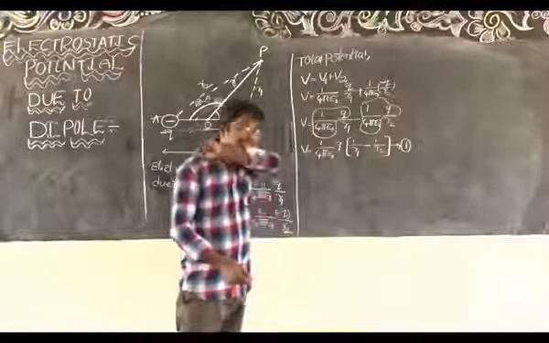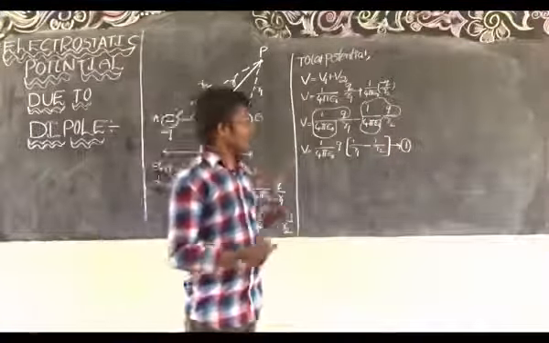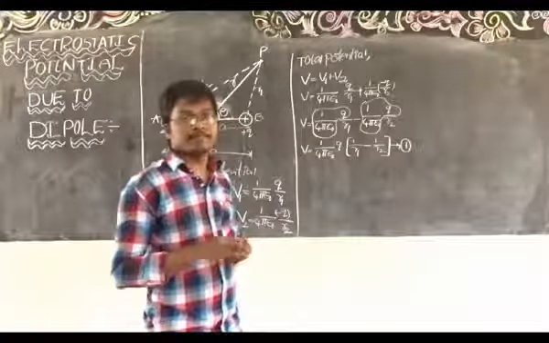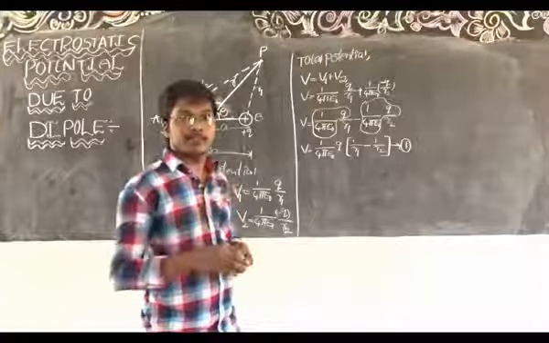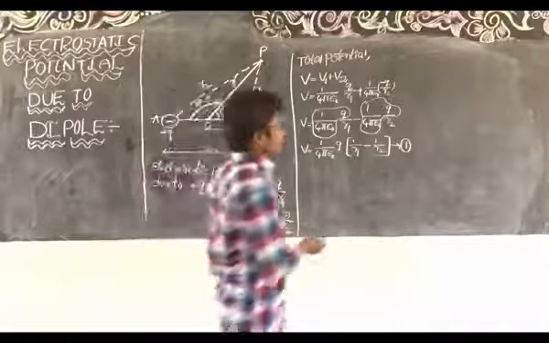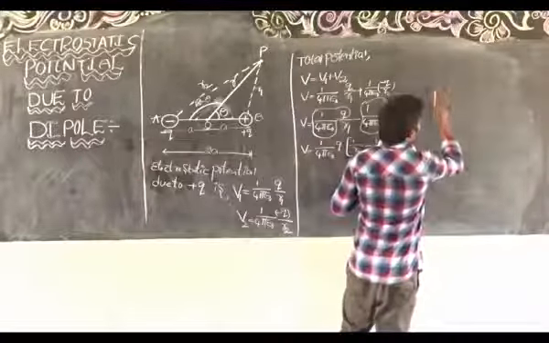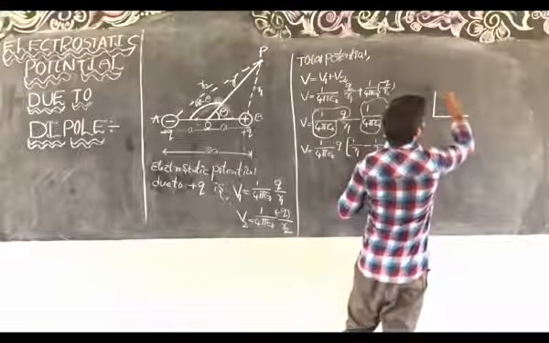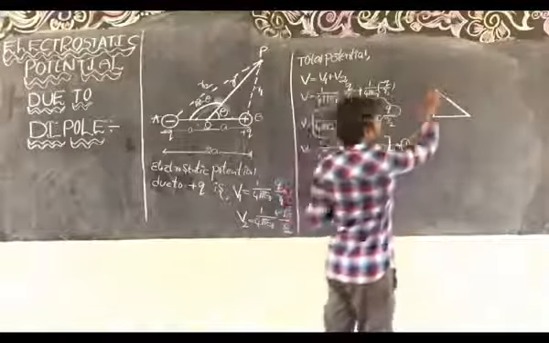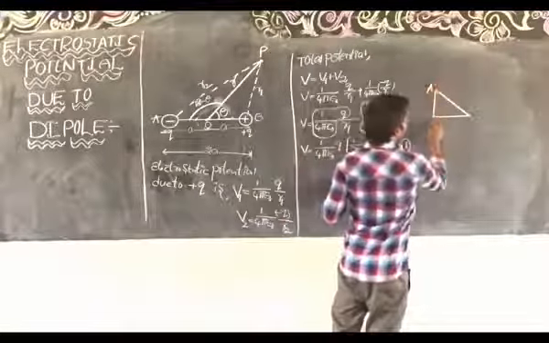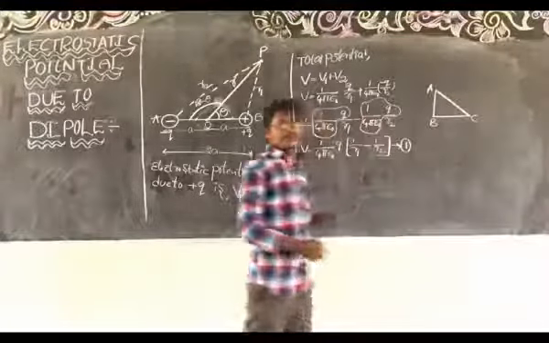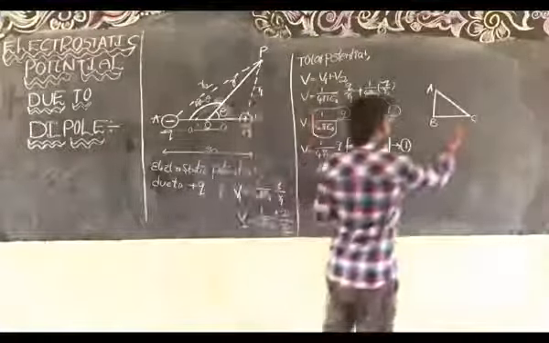Before going to find the values, you have to know the cosine law in mathematics. What is the cosine law? Simply, I should give an example. This is one triangle. Here, this is A, this is B, and this is C. Here theta is.